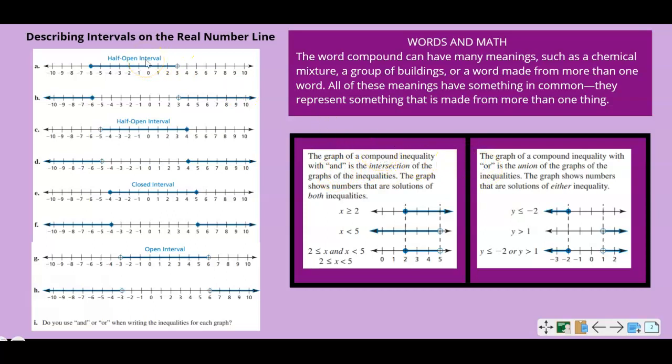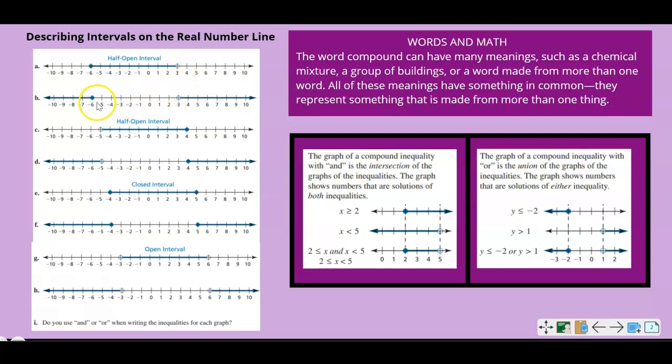All right, so over here, let's describe these. The first one up here, letter A, has a half open interval. Okay, so you can see this one's a closed circle, this one's an open. Because the shaded area is in between, we can determine that this is an and statement. So let's use the variable x. X is greater than or equal to -6 and less than 3.